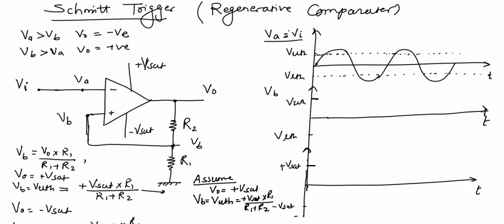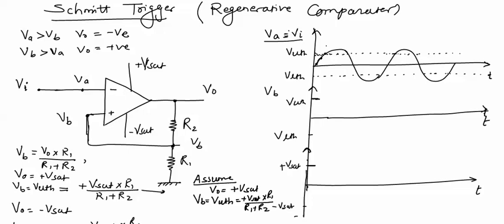Remember, if you assume V naught equal to minus Vsat, then also you will find the assumption to be correct. Now if we increase this Vi voltage, at this point also VUTH is greater than Vi, and output is again plus Vsat, and if output is plus Vsat, VB equal to VUTH.